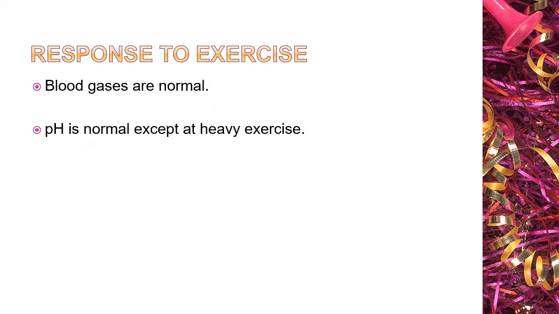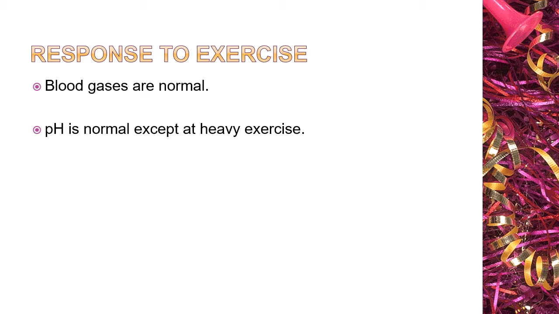And finally, when we look at the response to exercise, this is similar to the condition that I've mentioned earlier, where you have increased level of carbon dioxide, and it's very related to the pH, to the acidity. Usually when we exercise, our body doesn't go into acidic conditions straight away.